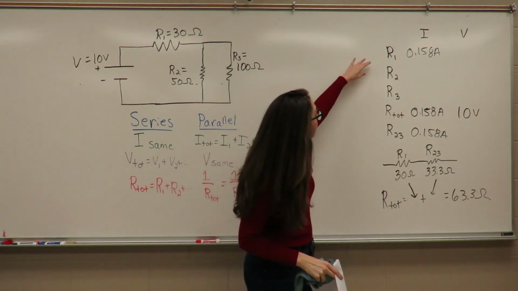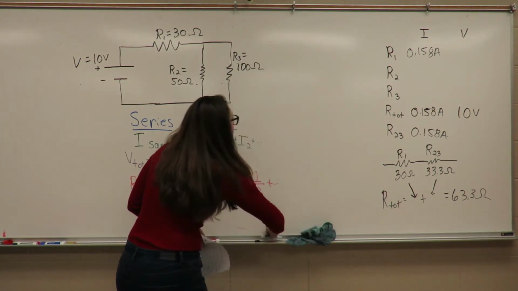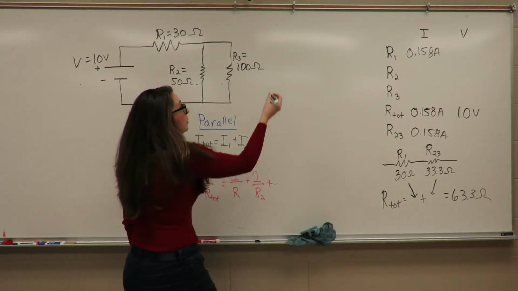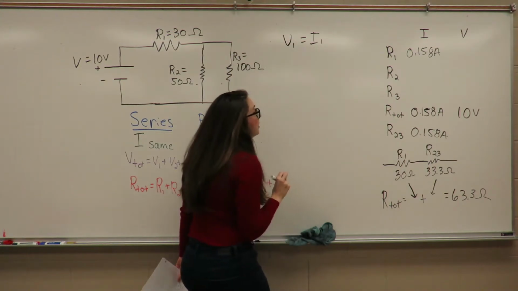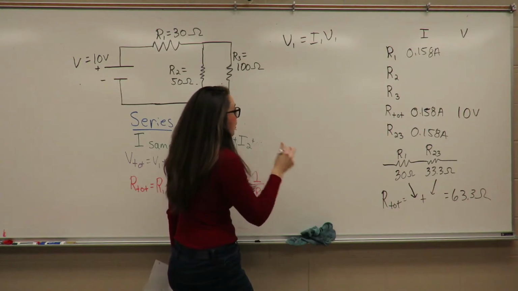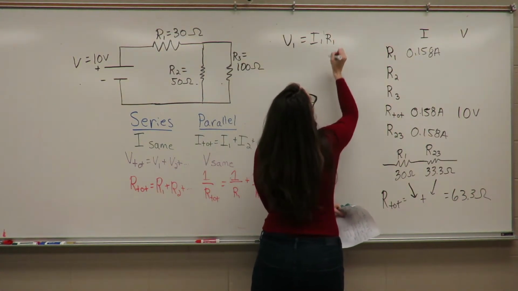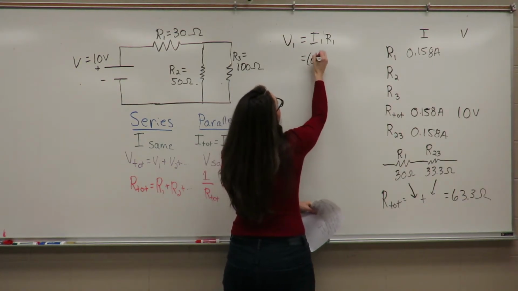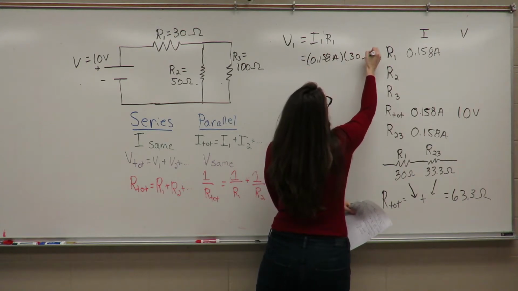Okay, now we can use this information in order to find the voltage drop across these resistors, R1 and R23. So we again use V is equal to IR. V1 is equal to the current through resistor 1 times its resistance. Okay, so then that's going to equal 0.158 amperes times 30 ohms.